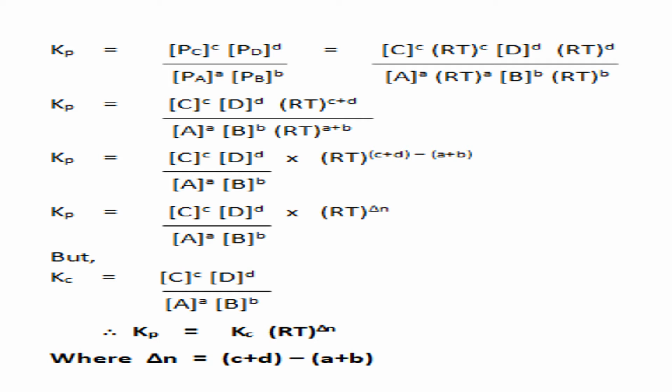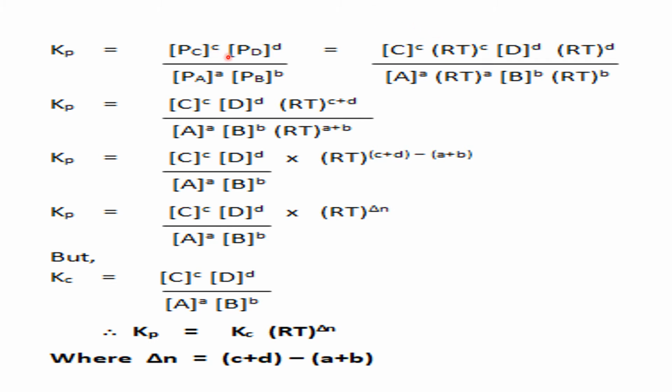Now substituting the values of Pa, Pb, Pc and Pd, we can write Kp is equal to Pc raised to c into Pd raised to d divided by Pa raised to a into Pb raised to b. For Pc we are substituting [C] raised to c into RT raised to c, because we know Pc is equal to the molar concentration of C into RT.